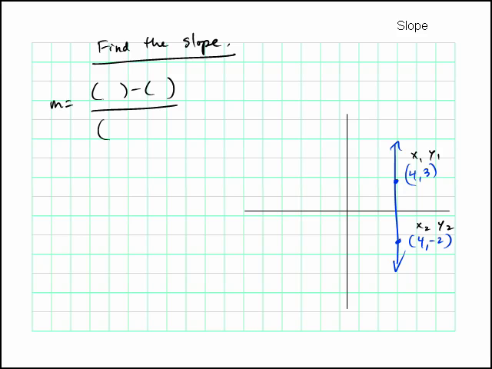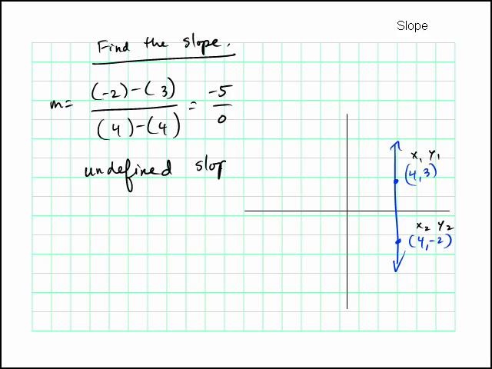Plugging our numbers into the slope formula. -2 minus a 3, then we've got a 4 minus a 4. That's -5 divided by 0. And -5 divided by 0 is not 0. From what we learned back in, I believe, chapter 1, division by 0 is undefined.